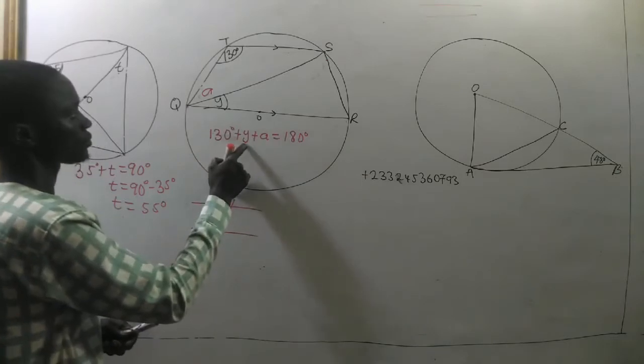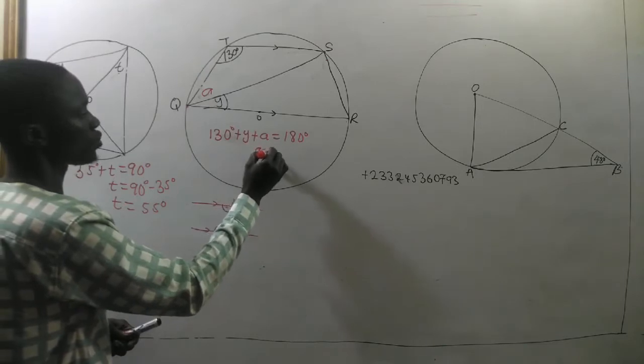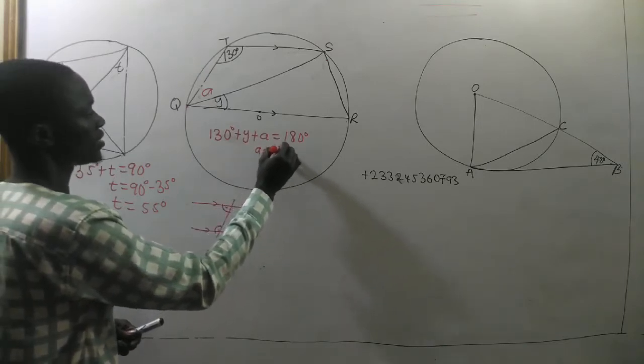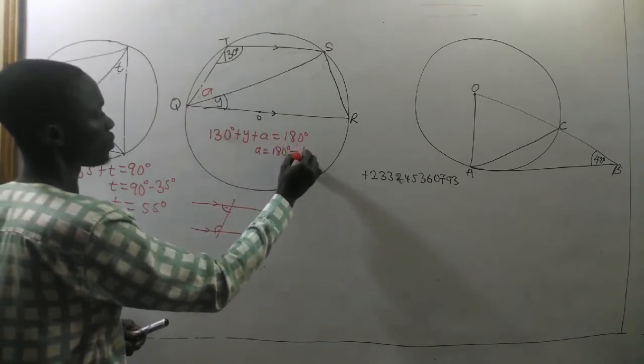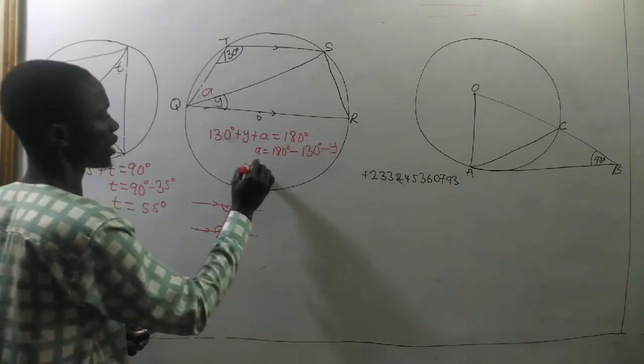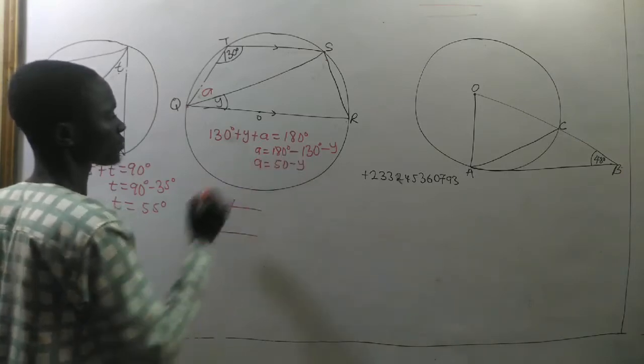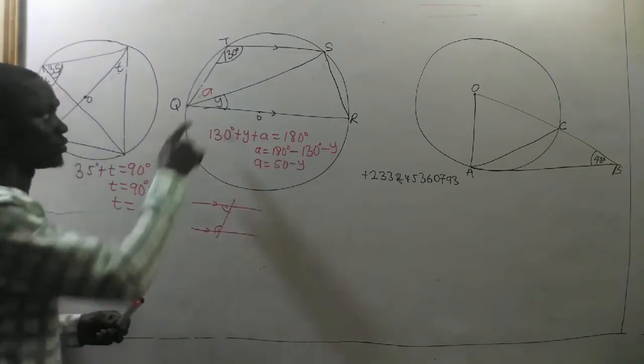So here, we want angle A. So angle A will be equal to 180 degrees minus 130 minus Y. So angle A will be equal to 50 minus Y. Wow, that is our angle A.